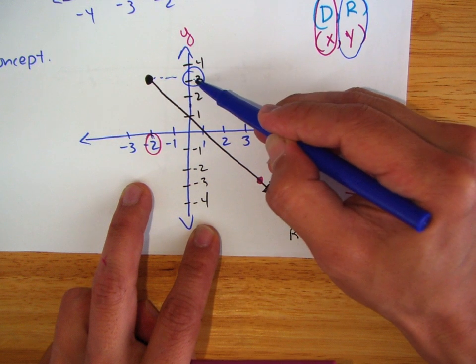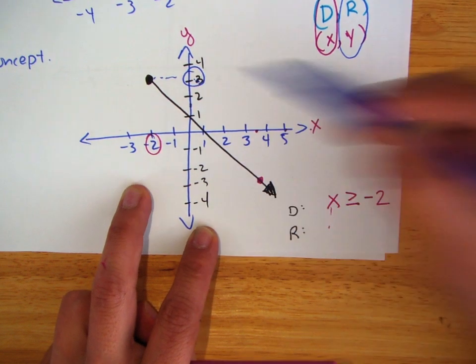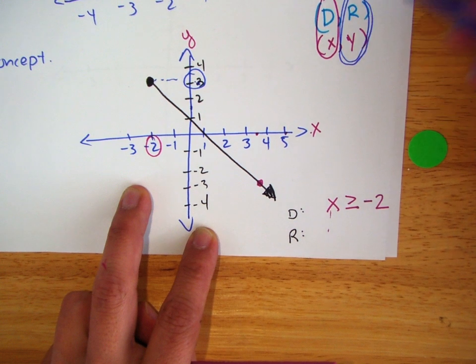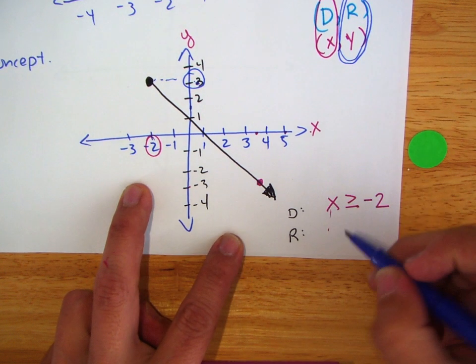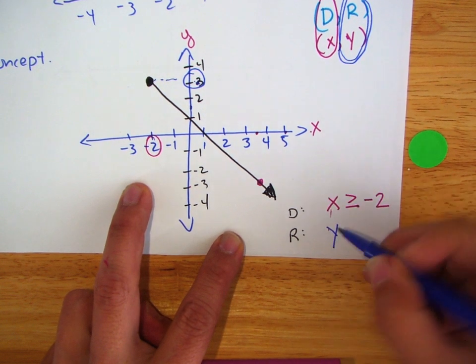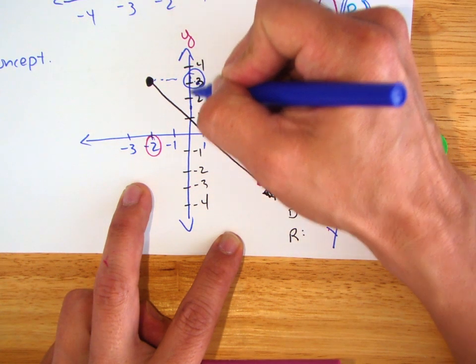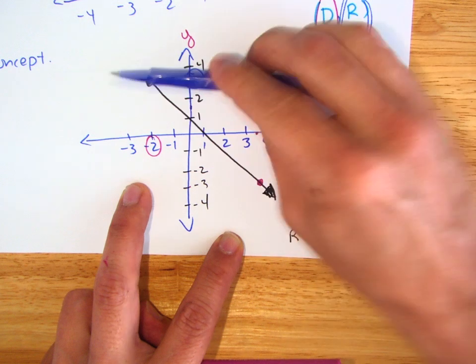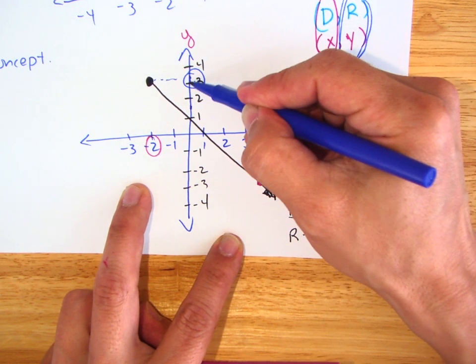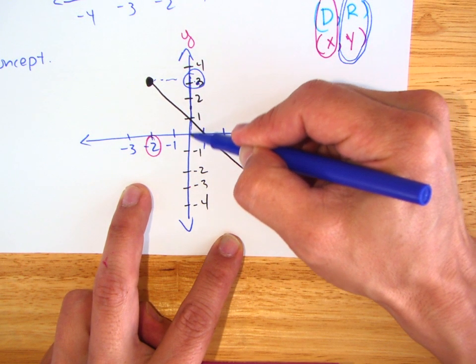So the range represents the y. See that right here? Got it? So then I want y is what? If we're going to use all these y's going down, look at the numbers, are they getting bigger or smaller if we're going down?